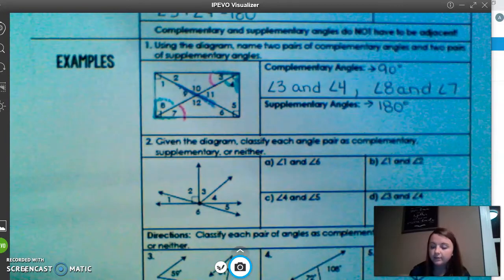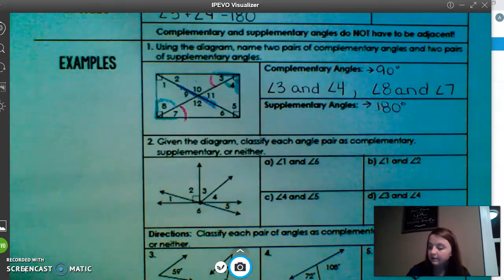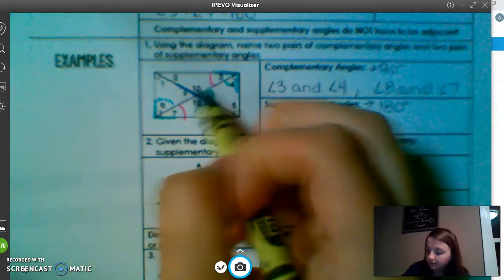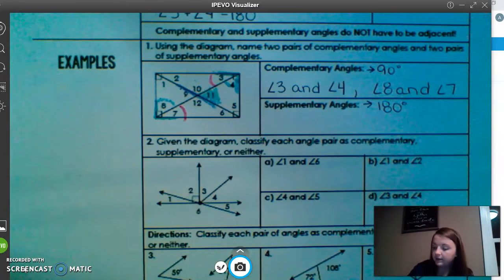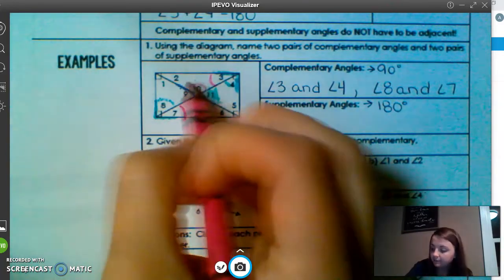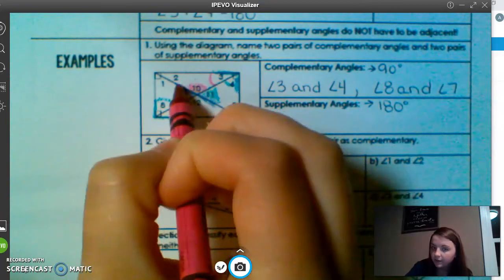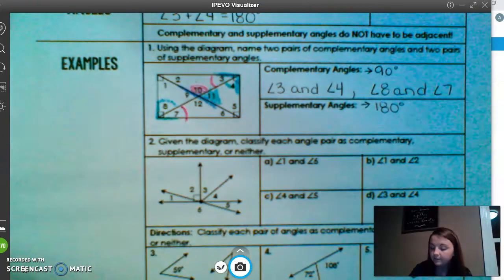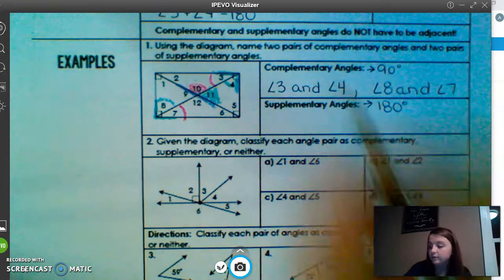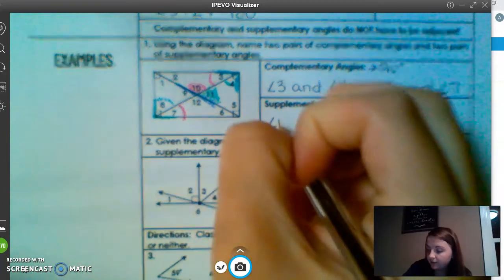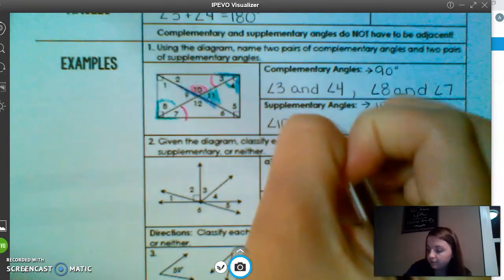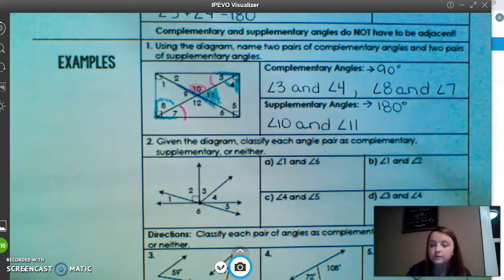Well, on that straight line, if I put angle 11 and angle 10 together, all the way together, they would make this straight line. So that's a pair of supplementary angles. While I'm writing that down, you look and see if you can figure out another pair of supplementary.